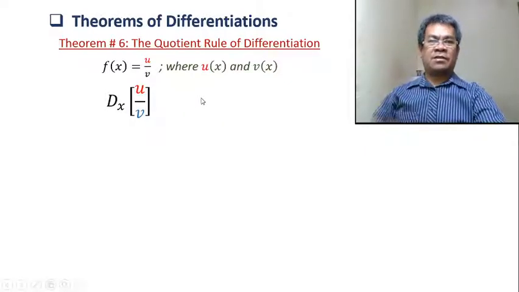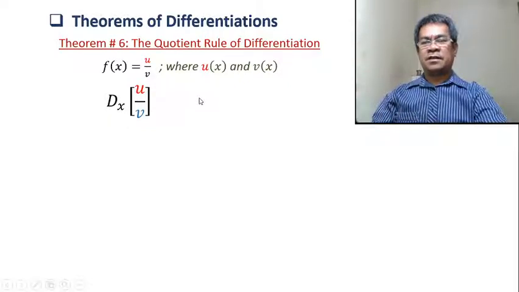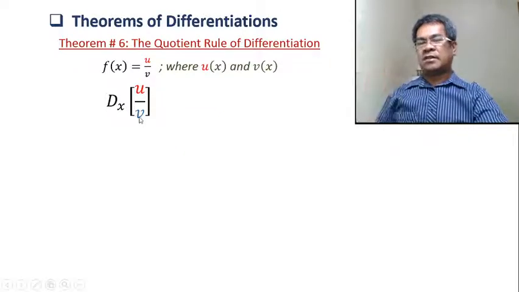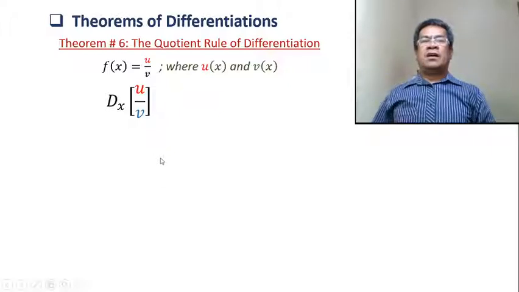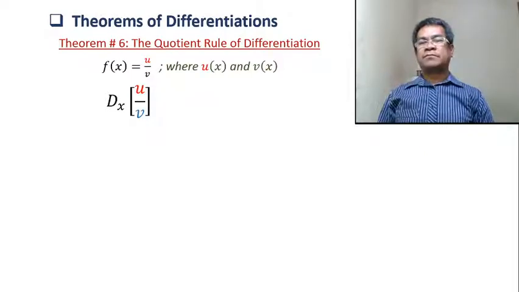Then after that, subtract it. Okay? Subtract, not add. Then after that, preserve the numerator. Then take the derivative of the denominator. So it should be in order. You cannot change the order because you are subtracting, you are not adding.